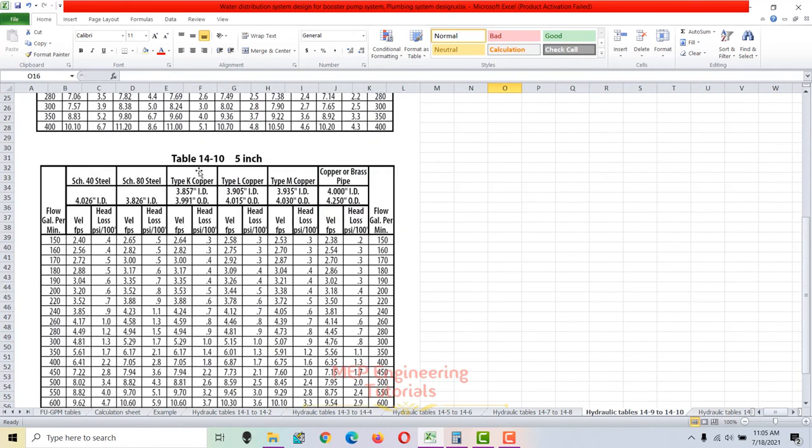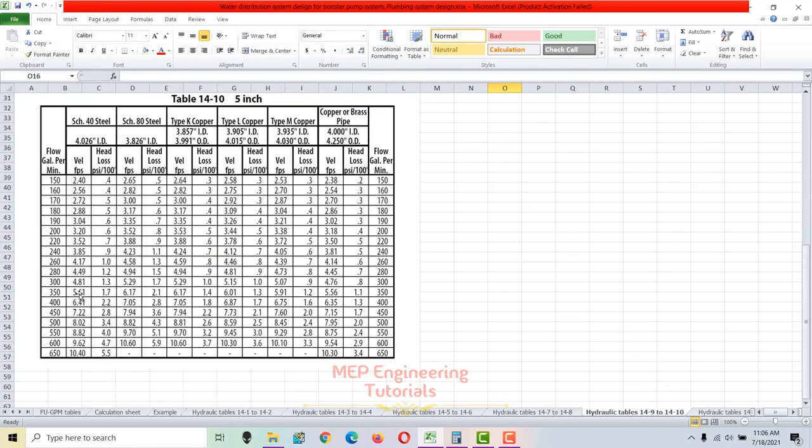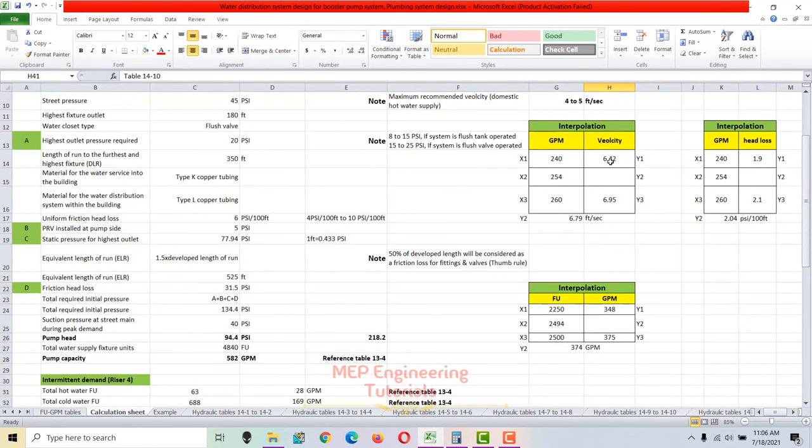So if we go here and check 350 and 400, we need to check at 374 GPM. For type L copper, the velocity at 350 is 6.01, and at 400 it is 6.87.